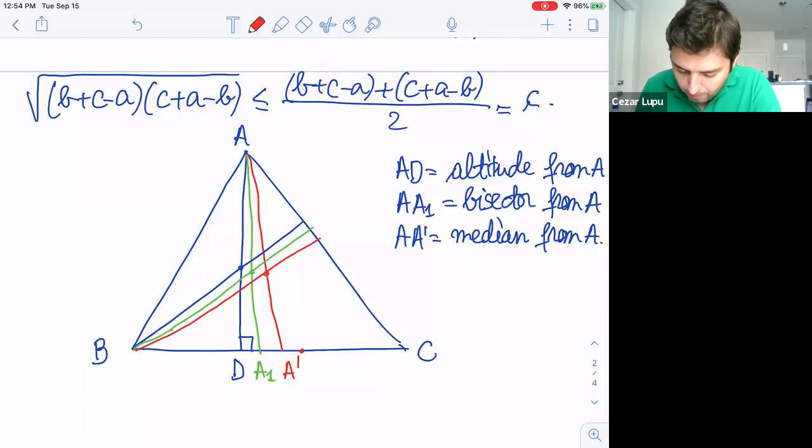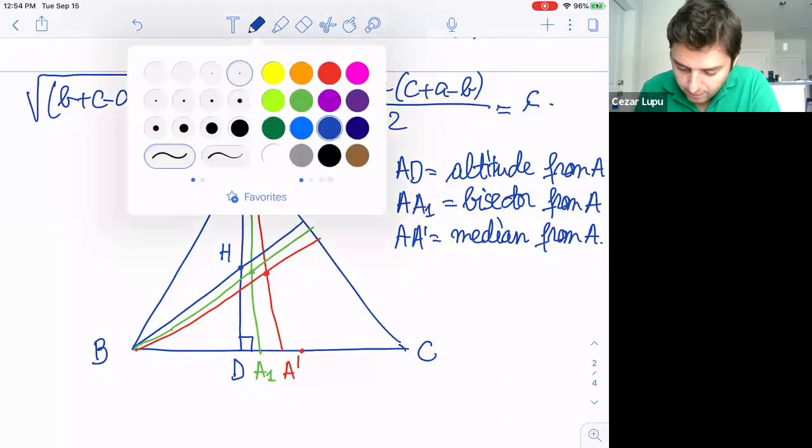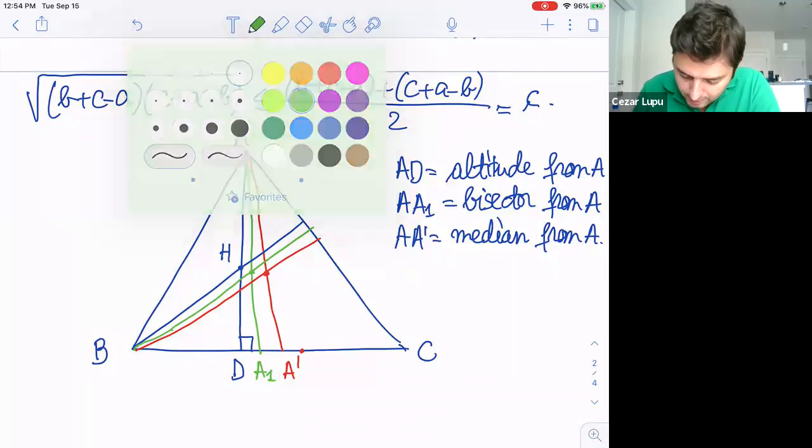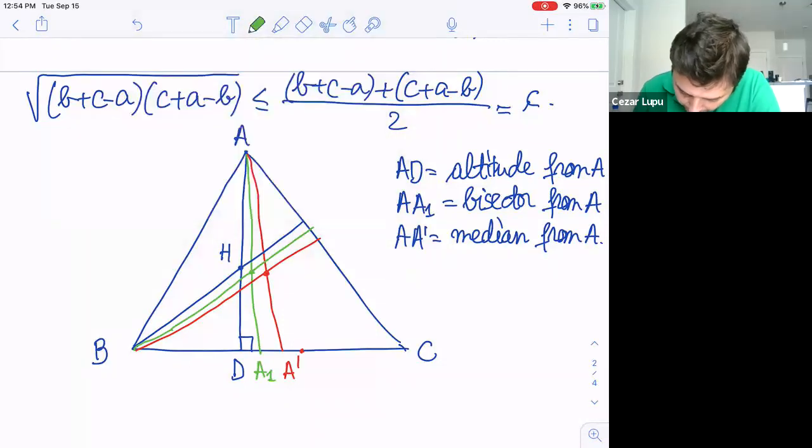There will be important points here. This is H. They're not quite collinear, but anyway, in fact, there are four of them. This is I. I don't know where to put it, I'll put it here. And this will be G, the centroid.